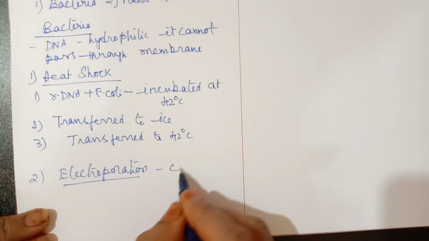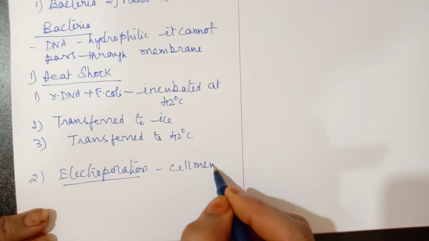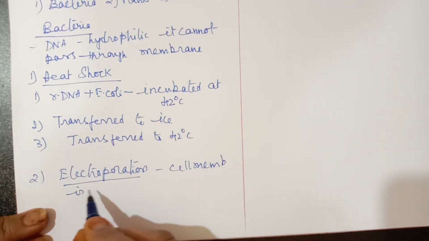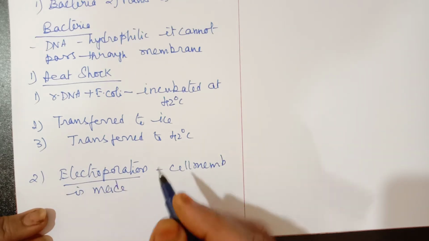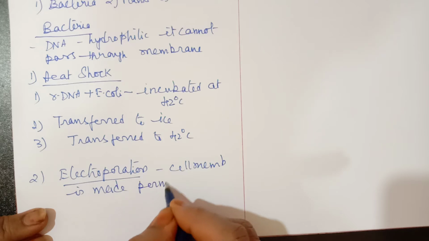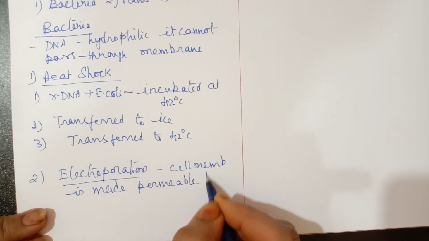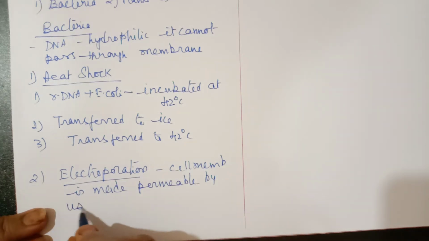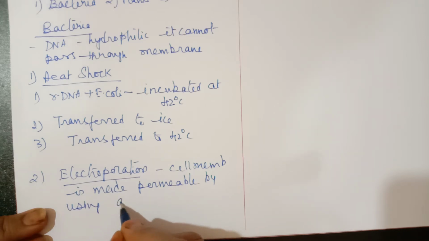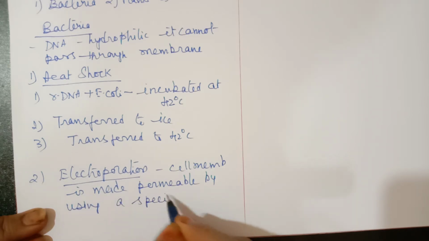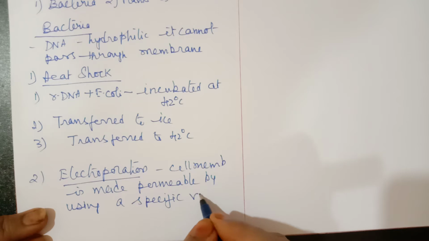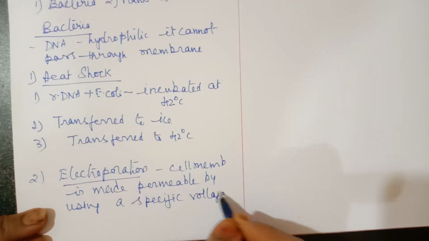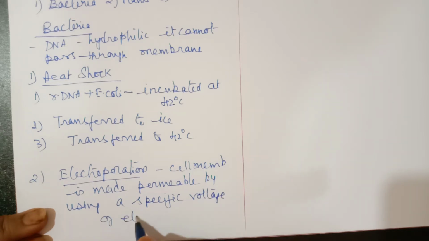The cell membrane is made permeable by using a specific voltage of electric current.